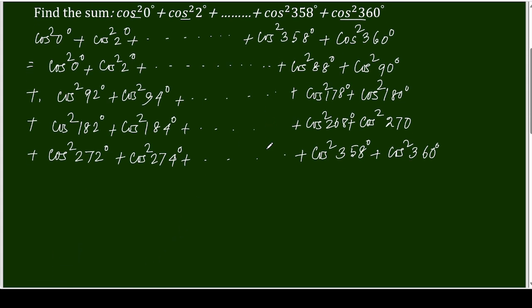So starting from one, we'll write. Before that let me write the values we know here. One is cos square 0, we know because it is cos 0 whole square, that will be 1. We know that cos square 90 is 0.